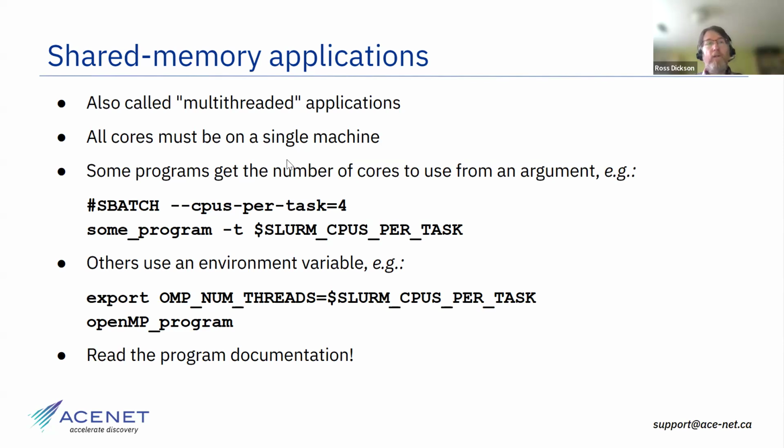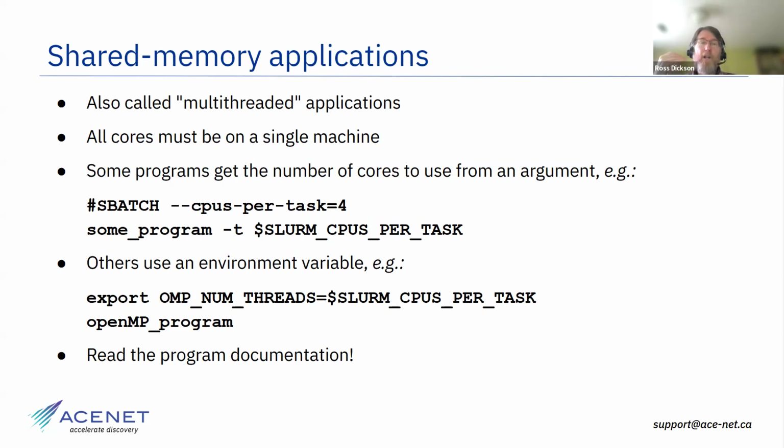Some programs will simply look at the number of cores that are on the machine they're running on and try to use that many. That's not always a good idea on our Alliance clusters because there may be other people running on the same machine and you should not have all of those cores. We try and help you identify such situations when they come up. Some applications are a little unfriendly that way.